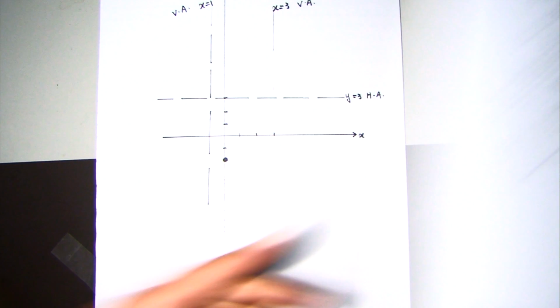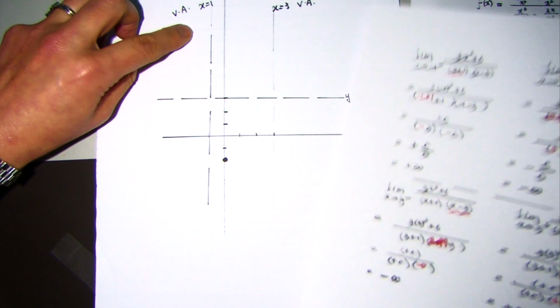Then let's look at the behavior centered around the vertical asymptote -1.